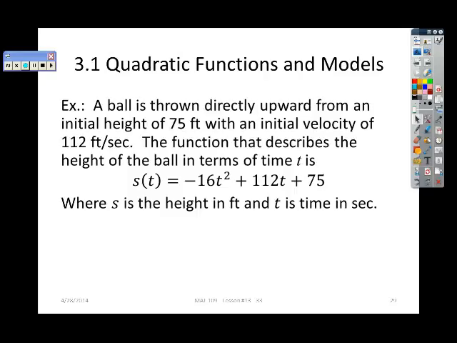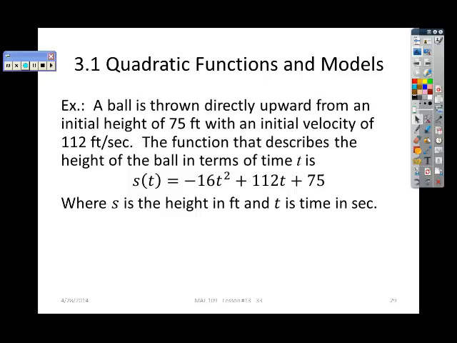Because the equation that tells you that is this equation. This is an equation that comes about from solving physics, the acceleration, gravity pulling things back down from a certain height and a certain velocity. But this is the equation that results. In this equation, t is time, and it's time in seconds.